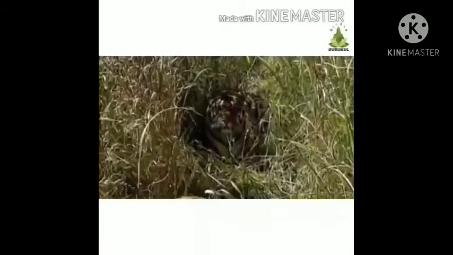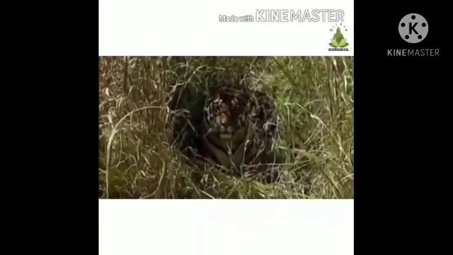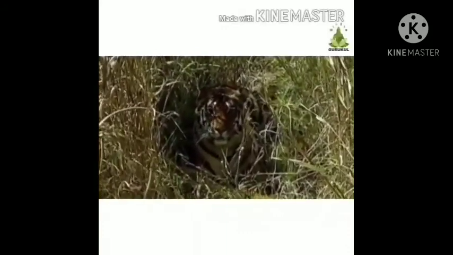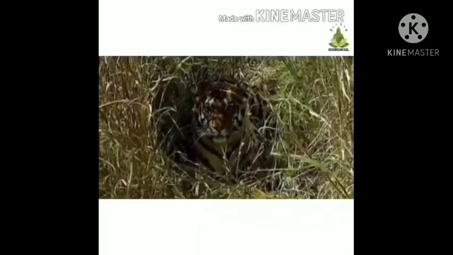Students, prey over here means another animal that is hunted and killed for food. There are animals like deer, nilgai and bison in the grassland.